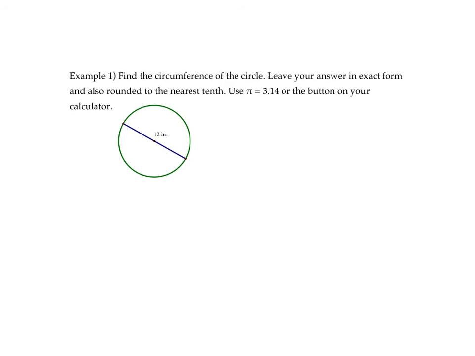So in our first example, it says find the circumference of the circle. Leave your answer in exact form, and also round it to the nearest tenth. We're going to use pi equals 3.14, or you can use the pi key on your calculator. If you take a look at our diagram, we're given that the diameter is equal to 12 inches. So we can use the formula circumference equals pi times diameter.